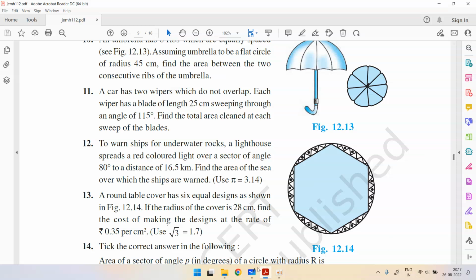See, a lighthouse spreading. You can see it like this. Suppose this is a sea. I'm taking a circle, you can also take a rectangle.